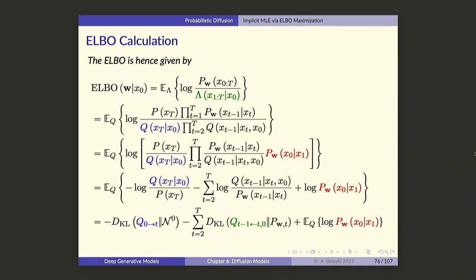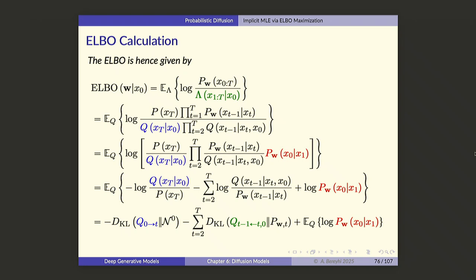They are going inside these expectations, this KL computation, and they're going to disappear. The only thing that remains here is W, which is your model parameter, the weights of your neural network, and x0, which is the sample you started with, right? So you're computing one sample ELBO, and you want to maximize it. If you maximize it, this is equivalent to maximizing the likelihood, and then this hopefully is going to train your model.